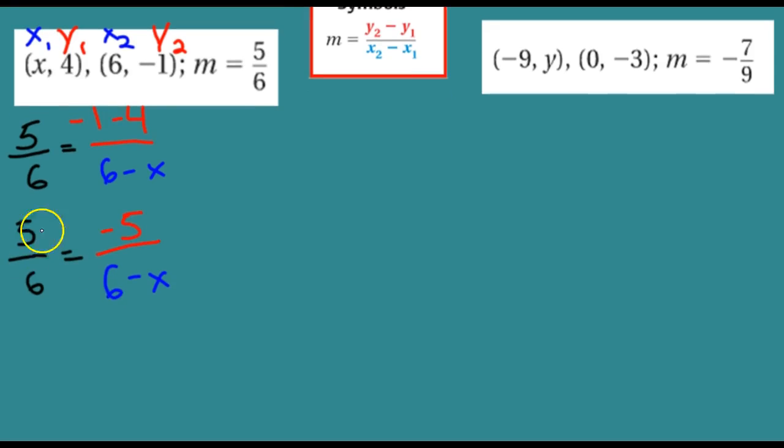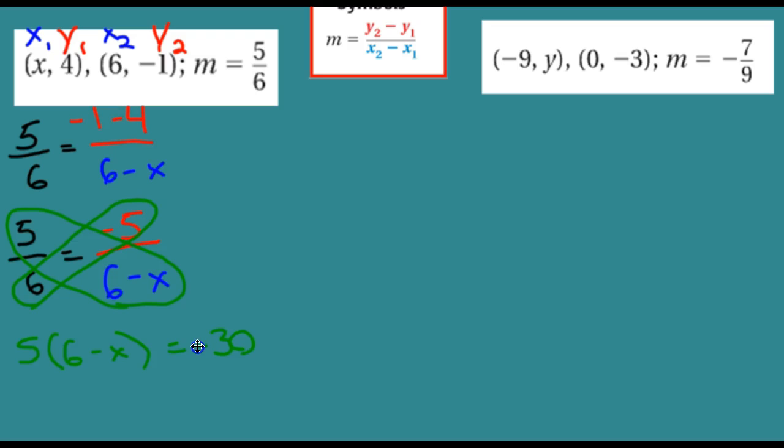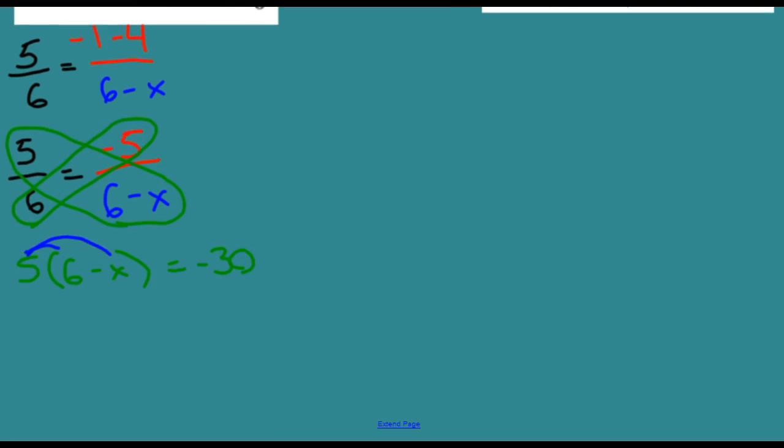So now what we have is a proportion problem. When we're solving proportion problems, we do that by cross multiplying. So our new equation looks like 5 times 6 minus x equals 6 times negative 5, which is negative 30. We're going to distribute this 5 to both terms.